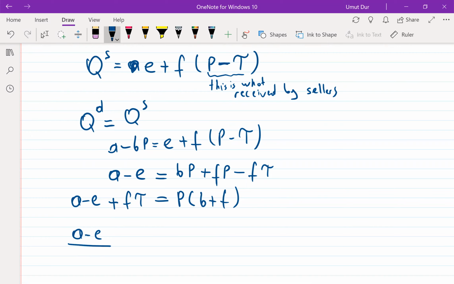Dividing both sides by d plus f, we get (A minus E) over (d plus f) plus f over (d plus f) times tau is equal to P. So in fact this is the P final.